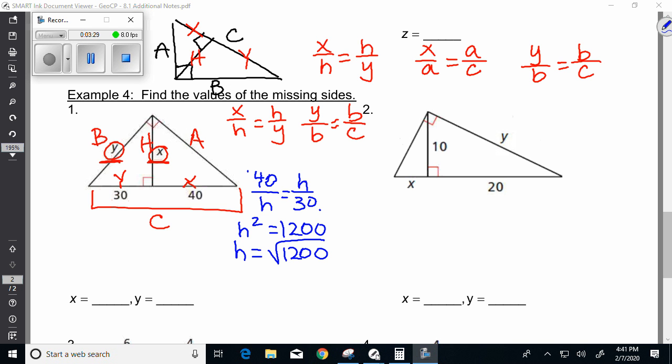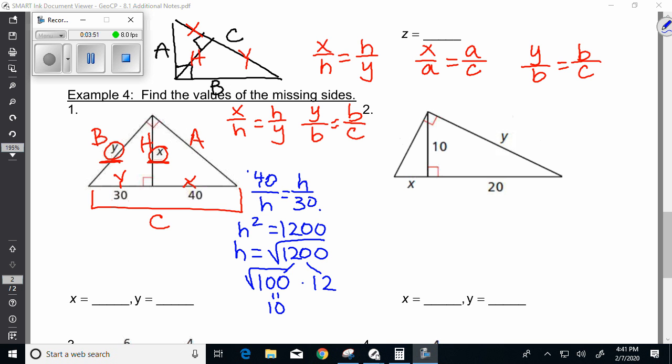1200 is not a perfect square, so we got to go ahead and work the problem out. Again, it's not necessary that you take the biggest one out if you don't know it. Start with something that you know and work your way down. So 1200 is the same thing as 100 times 12. The square root of 100 is 10.